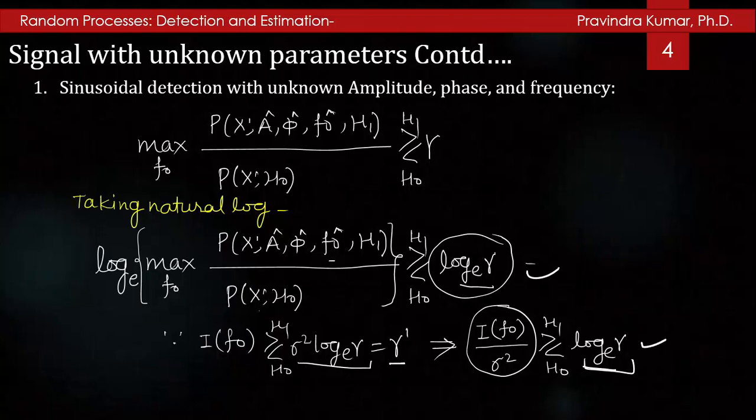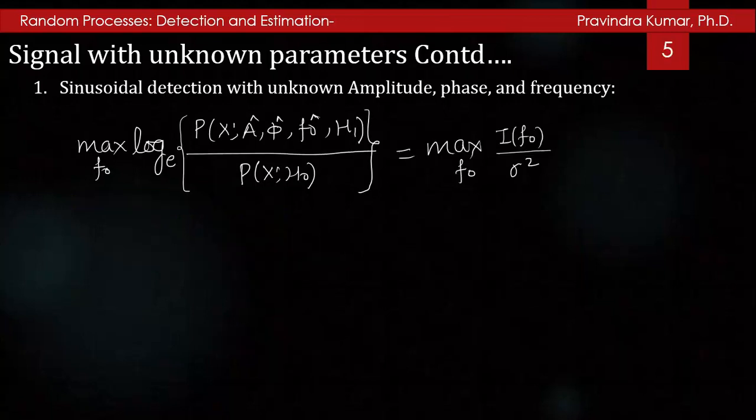After comparing these two expressions, we get that the maximization over F0 of the log of p(x; A cap, phi cap, F0 cap, H1) divided by p(x; H0) is equal to the maximization over F0 of I(F0) by sigma square.